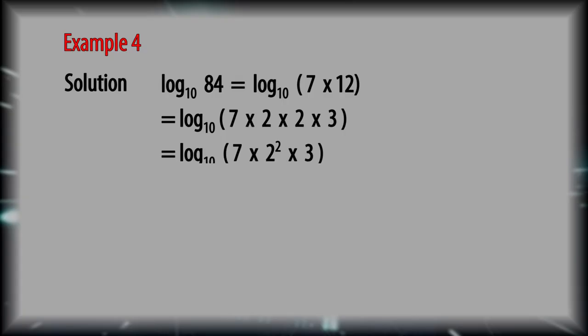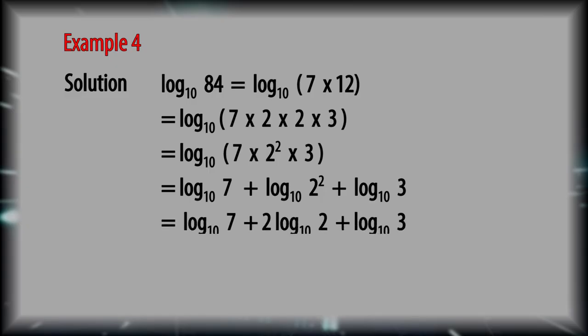Then we write that expression as log base 10 of 7 times 2 raised to the power 2 times 3. Now we can change our multiplications to become addition. So we have log base 10 of 7 plus log base 10 of 2 raised to the power 2 plus log base 10 of 3.